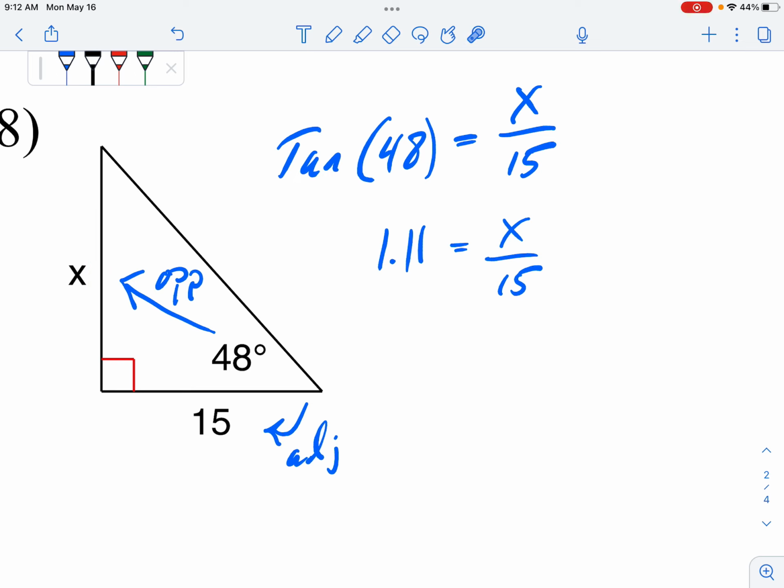So we just have one step now to find that value of x. Since we have x divided by 15, we can just multiply both sides by 15, and we will get our solution. 1.11 times 15 is equal to 16.66 approximately, and that is equal to x.